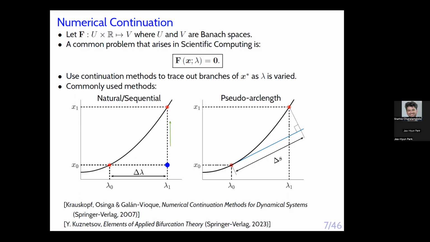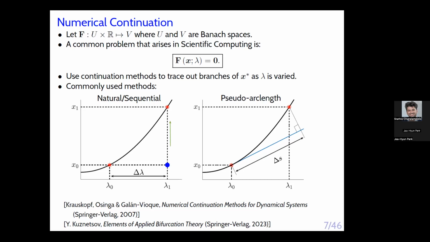Among commonly used methods, you have the natural or the sequential method, where for some parameter value lambda naught, you have used Newton's method, you found x naught, and then in order to find the solution at a different value of lambda, let's say lambda 1, which is far by delta lambda from lambda naught, you use this as an initial guess, so you use Newton's method, and you find the other solution.